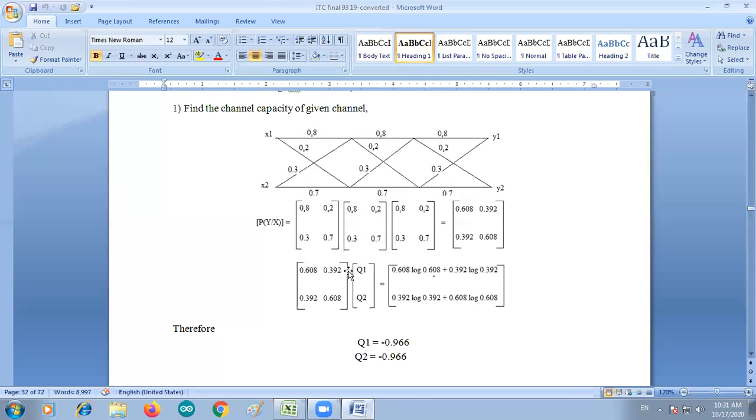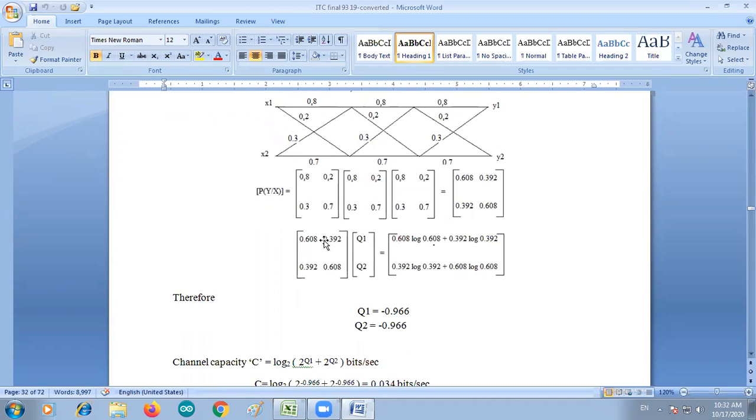So now we can multiply with the Q1 and Q2 values. Now 0.608 log 0.608 plus 0.392 log 0.392, 0.392 log 0.392 plus 0.608 log 0.608. Students, please calculate these results first, then you can follow this.